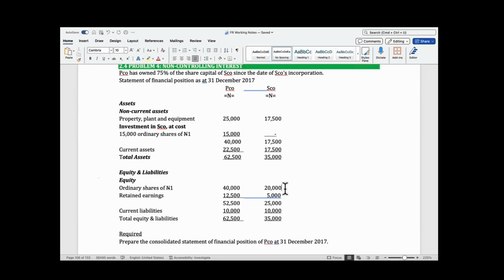And the parent is given options on how to measure it. He can leave the 5,000 as it is, because the way we have gotten it, we got that 5,000 by using a proportionate share.